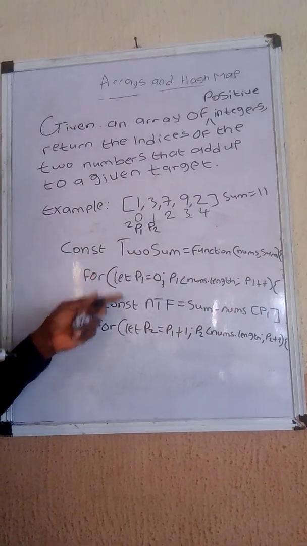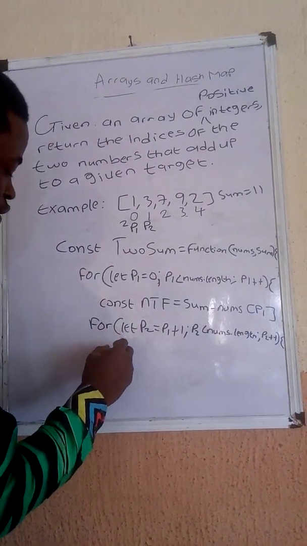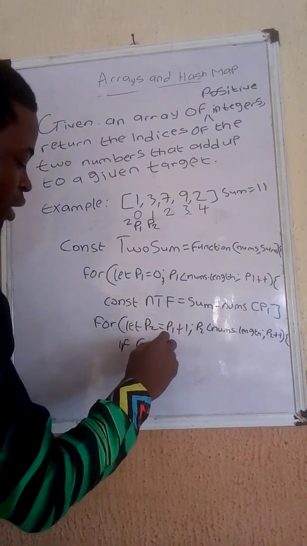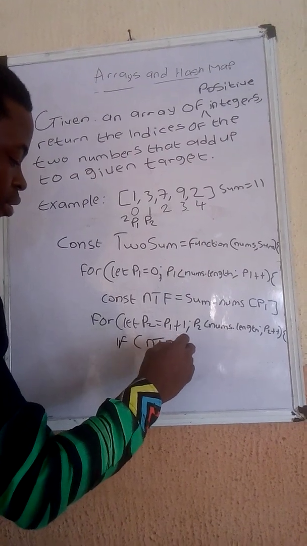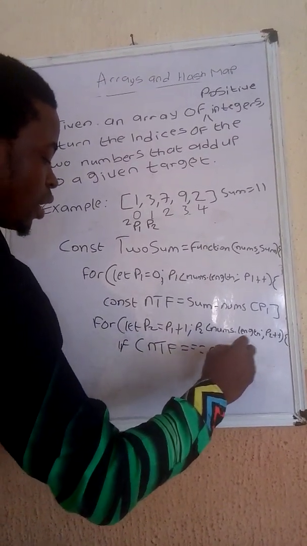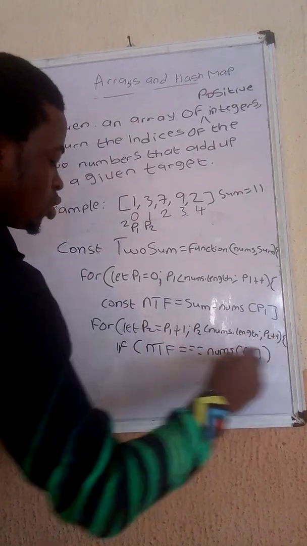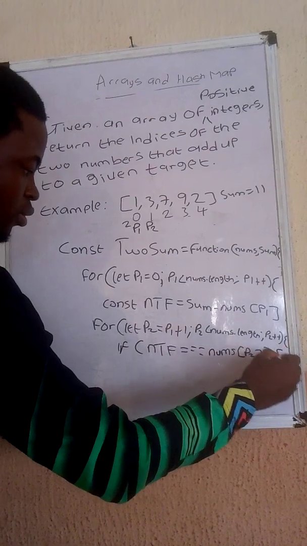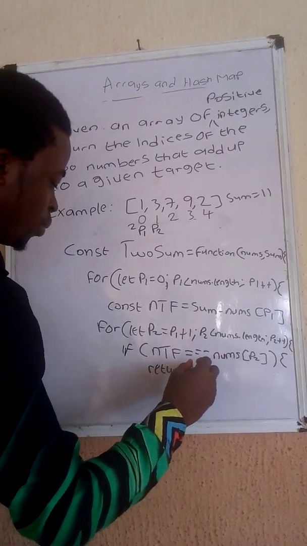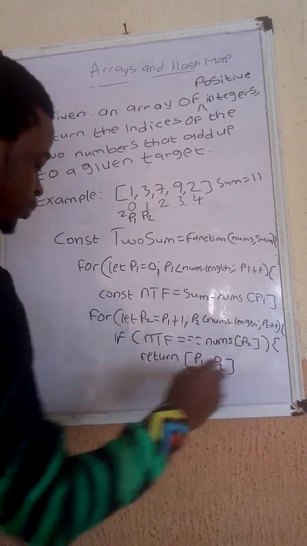So we have our first loop and our second loop. Now we need to write our condition. If the number to find, NTF, is equal to nums at P2, then we want to return the indices of the two numbers, which are P1 and P2.